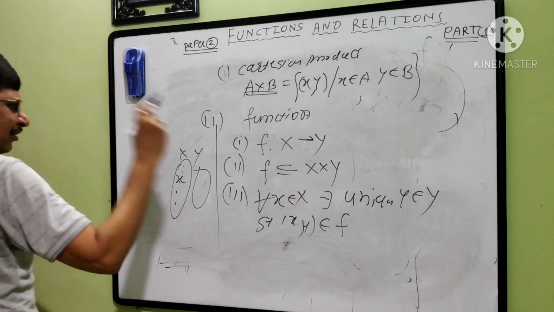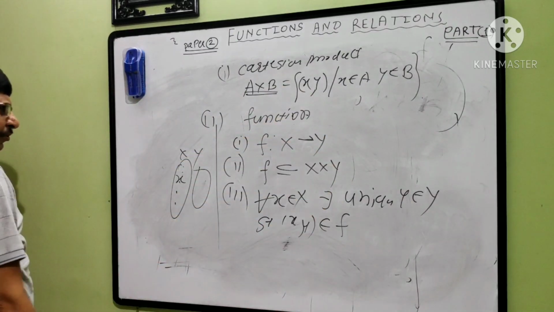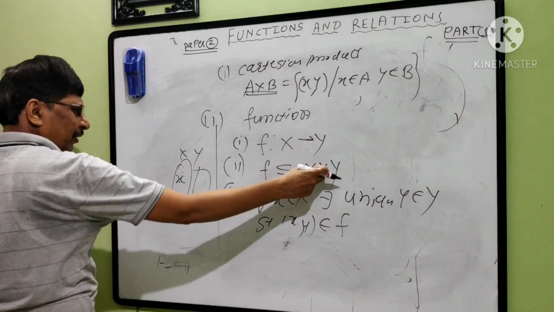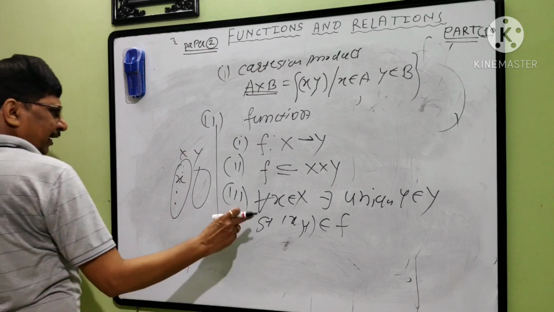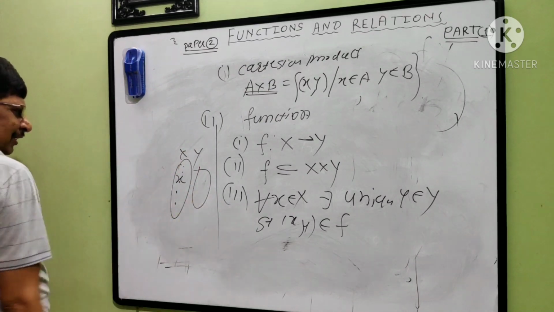It is denoted first of all from X to Y. Then it is a subset of X cross Y. That is the Cartesian product. Then what is the condition?